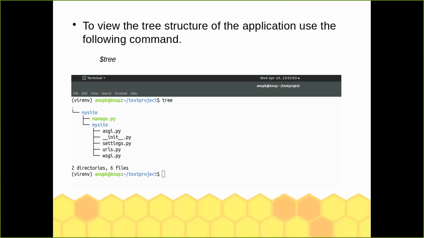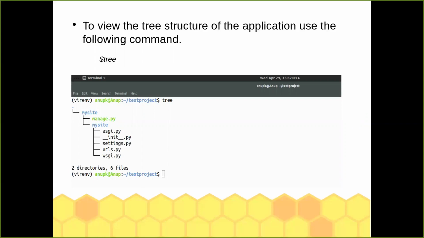To see all the files and subfolders of the Django project, we can use the tree command to view the tree structure of the application. This is a utility command. If it is not present, it can be downloaded via apt-get install tree command.